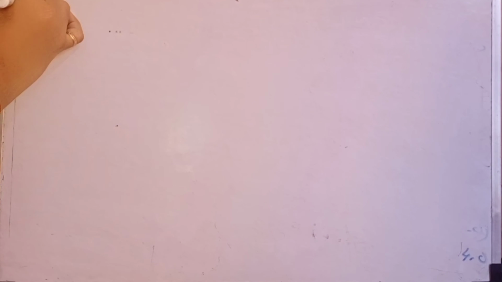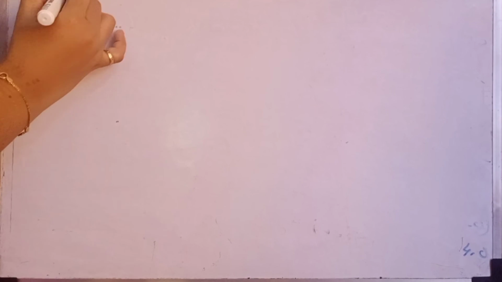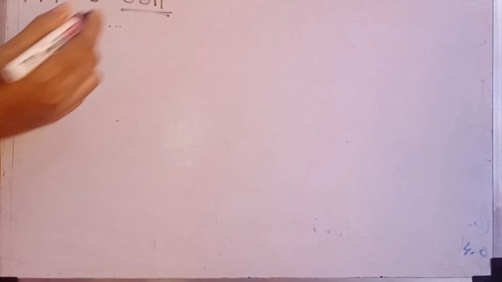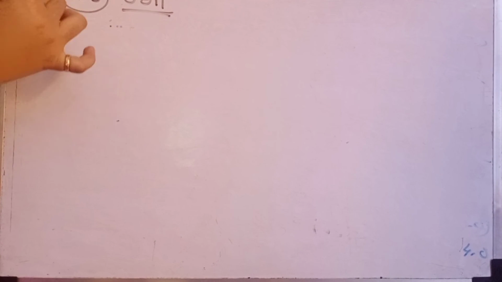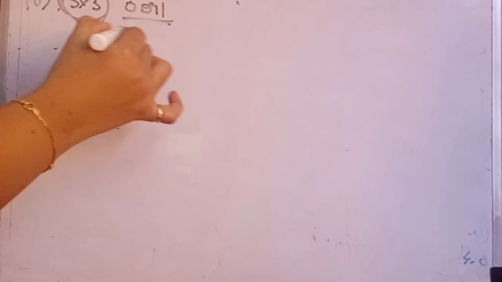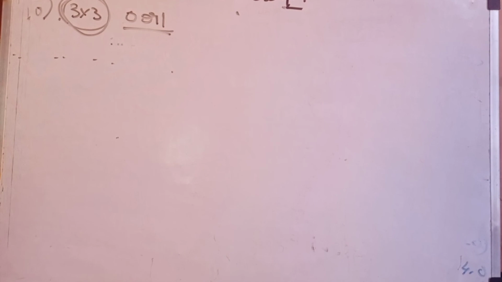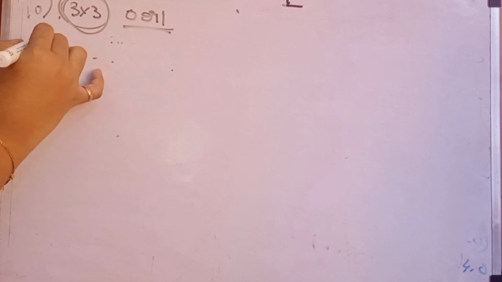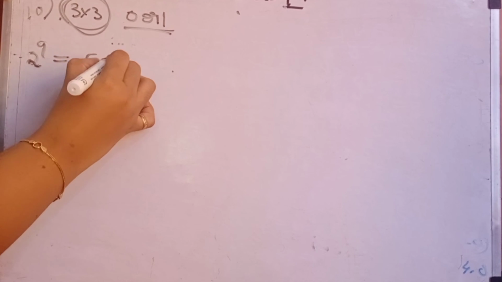Okay. Then the last thing they have asked is a 3 into 3 matrix they have given. 0 or 1 is the clue they have given. So they have asked us to find the 3 into 3 matrix. The options are given, 4 options might be given. So if you do 2 power 9, you will get the answer as 512.